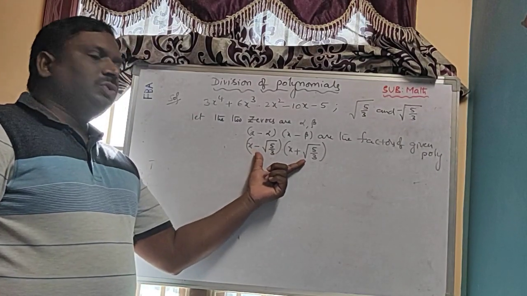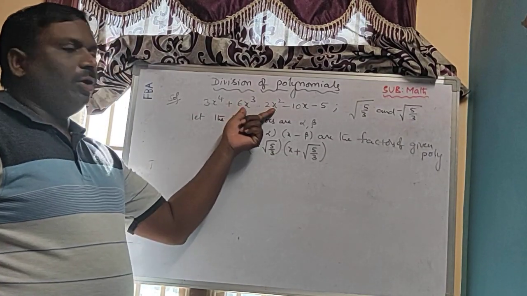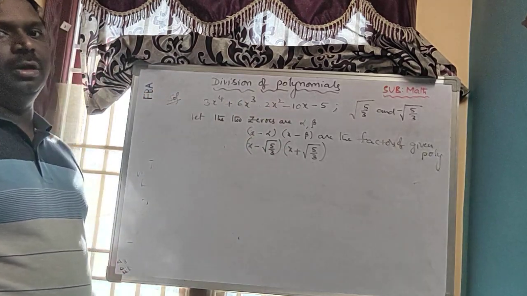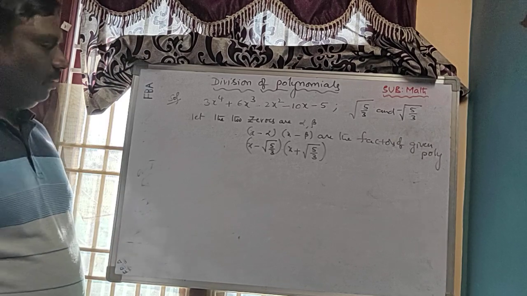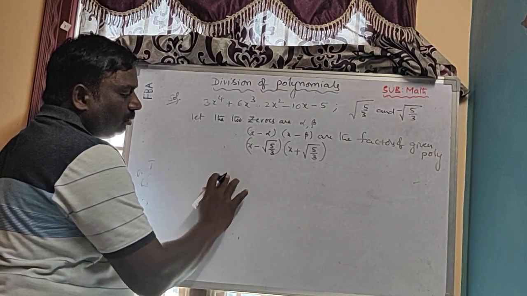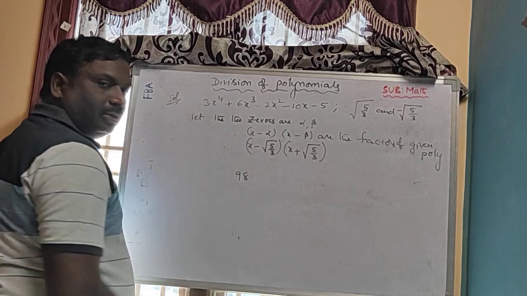So whenever these two are factors of the given polynomial, automatically the product is also a factor of the given polynomial. Understand? Suppose I am taking 98.